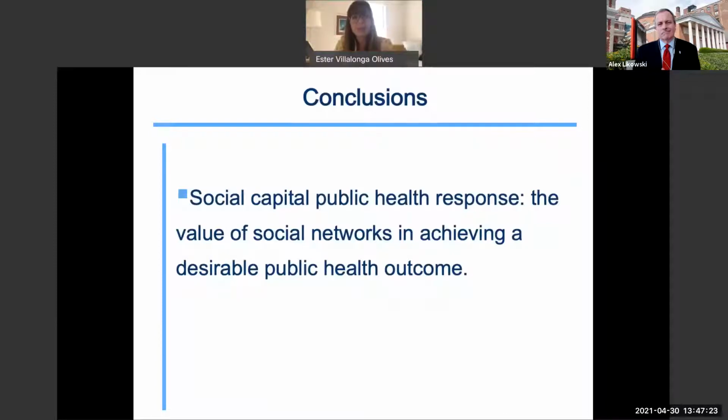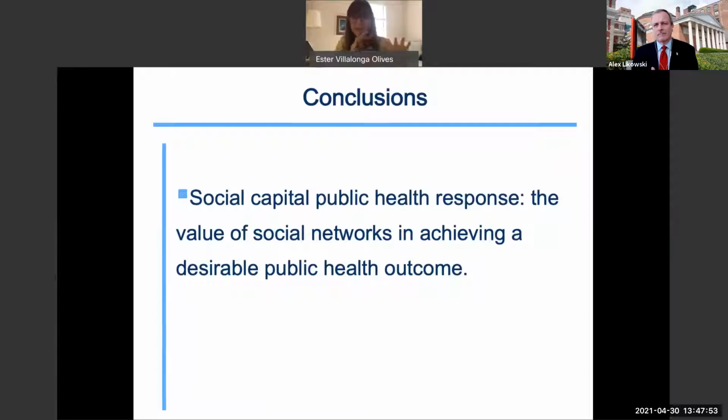A social capital-centric public health response is one of the value of social networks in achieving desirable public health outcomes. As concerns over policy compliance, healthcare use, or vaccine hesitancy continue, measures that integrate considerations of bonding, bridging, and linking social capital stand as an immediately available option to reinforce health systems.